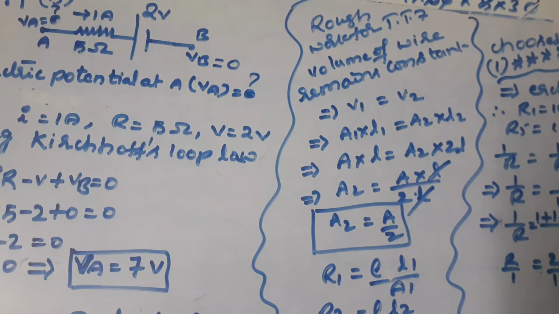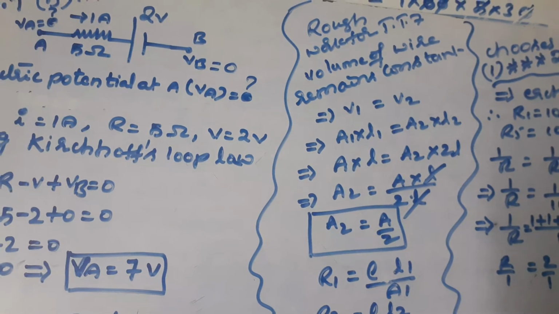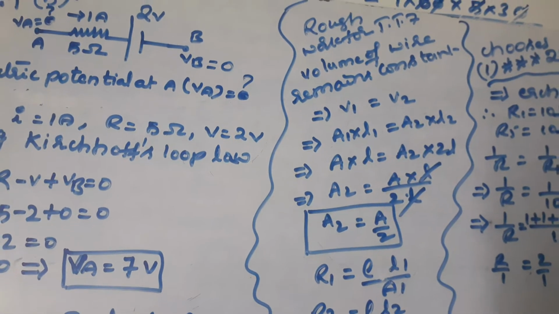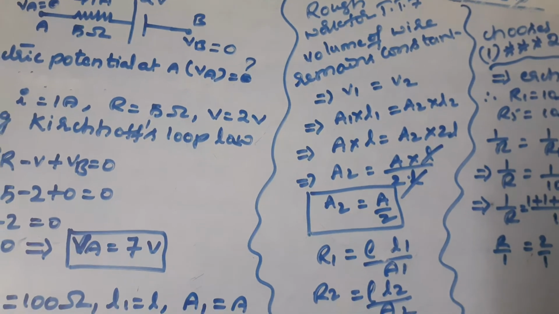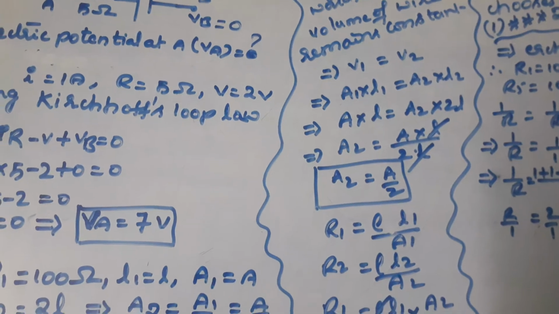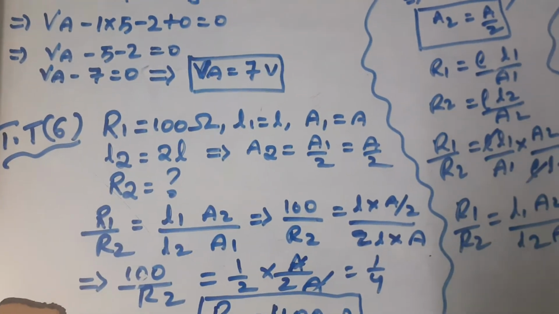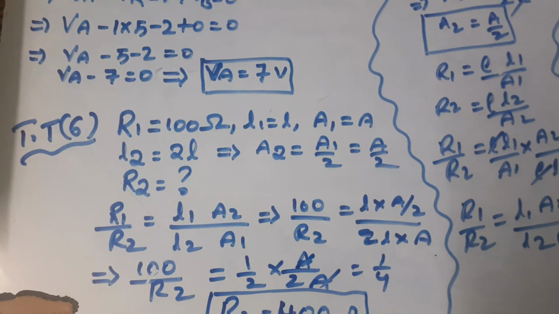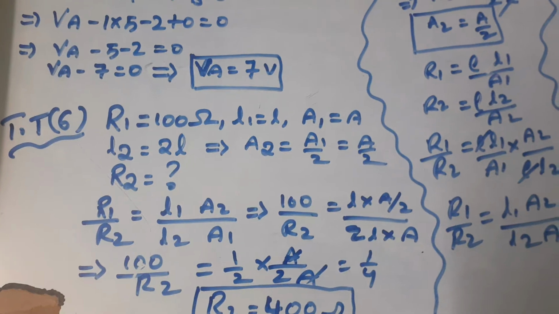A1 is A, L1 is L, and A2 we want to find. A2 into L2, where L2 is double the initial length, that is 2L. Then A2 is A by 2. That is why, when the volume of the wire remains constant, the cross-sectional area A2 becomes half of the initial cross-sectional area.